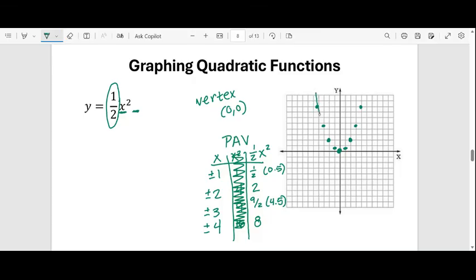So you'll notice, in opposition to what happened when we multiplied by a whole number, when we multiply by a fraction, it actually squishes our parabola, making it wider or fatter. So when we did an integer, it stretched it vertically, making the graph look skinnier. And when we multiply by a fraction, it compresses it vertically, making the graph look wider. Okay?